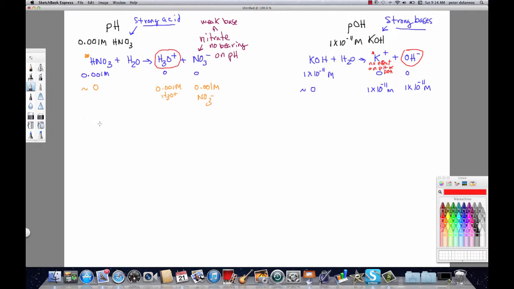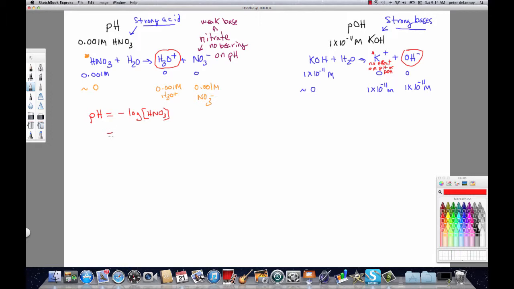Now, to find the pH of the acid solution, remember that by definition the pH is going to be minus the log of the concentration of H3O+. Now, since this is a strong acid and it ionizes completely, we can know the pH by literally using the concentration of the initial acid.